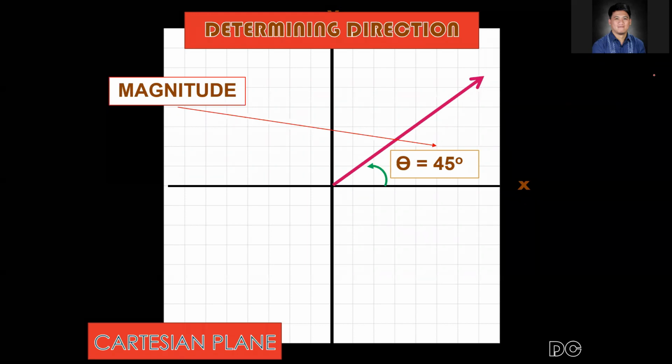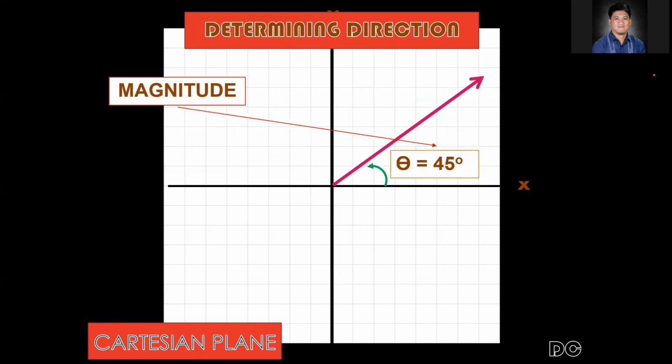To determine the direction of this vector, first we have to identify where your angle started.